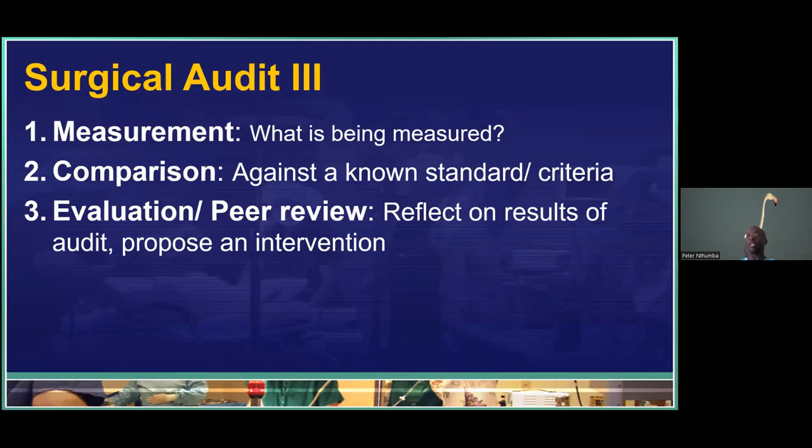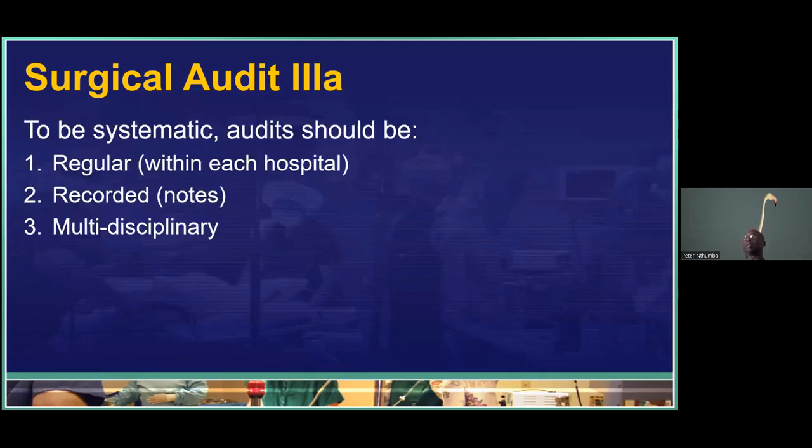So surgical audit is comprised of measurement, comparisons, and evaluation that include a peer review process. So in measurement, what are we measuring? The comparison is against a non-standard criteria, and a peer review allows for a process of peers to reflect on the results of the audit, propose interventions where necessary, or applaud the measures that have been taken.